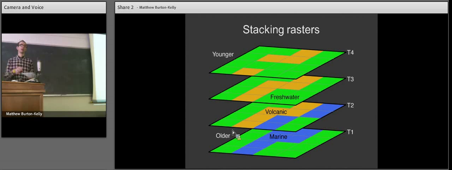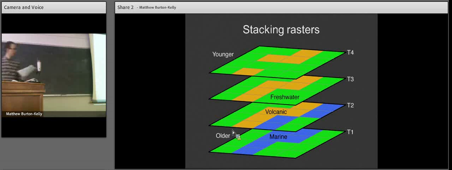In the example here, these are time 1, time 2, time 3, time 4. Freshwater environment is denoted by the green, volcanic or mountains are the orange, and marine is blue.